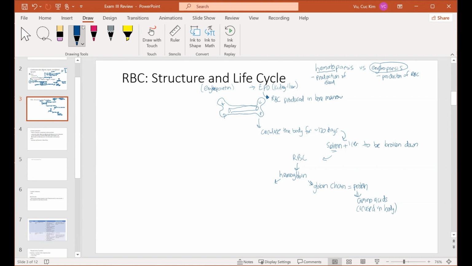Then you have the heme groups. The heme groups are broken down into two parts. What are the two parts that the heme groups are broken down into? So what do heme groups break down into?